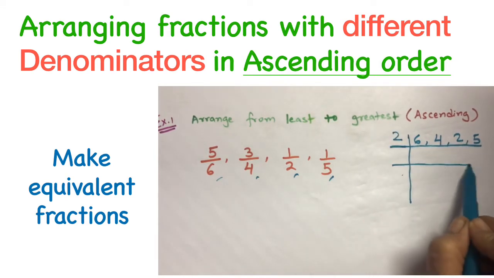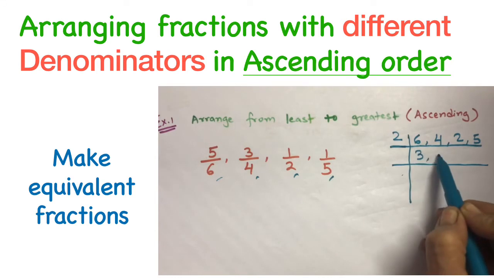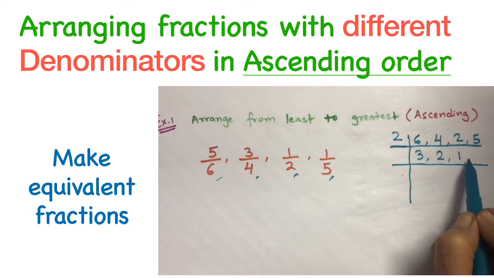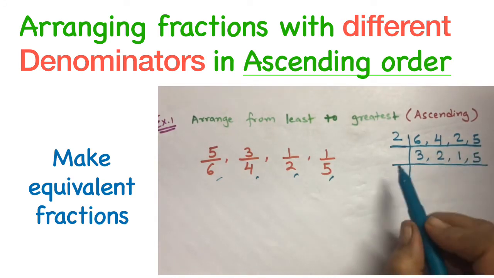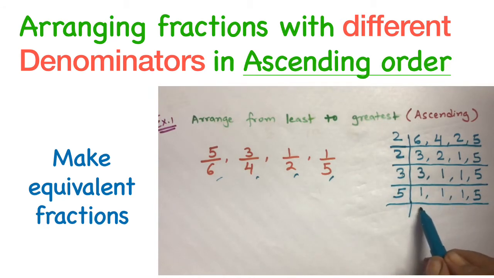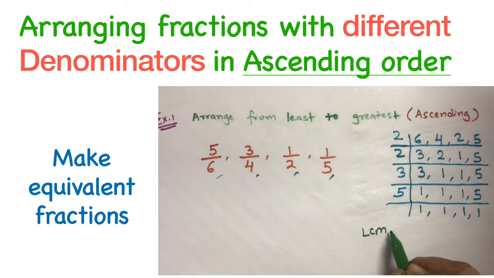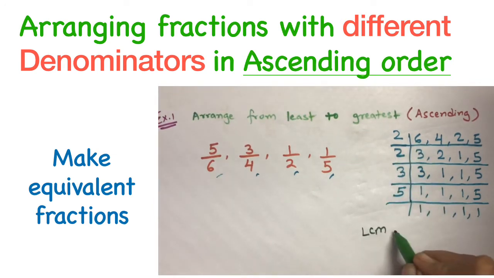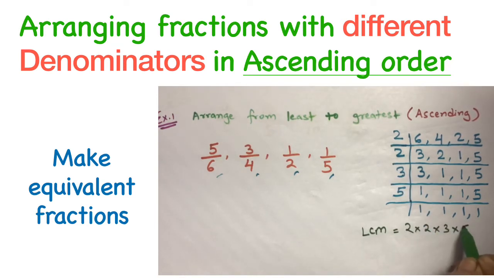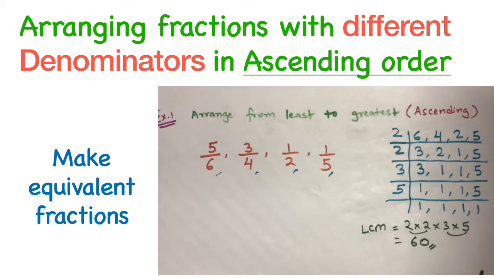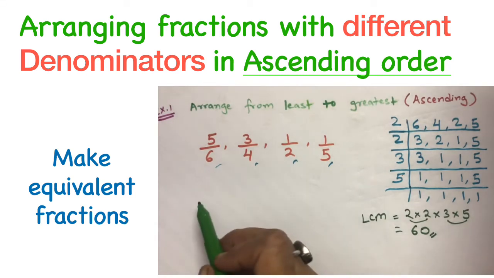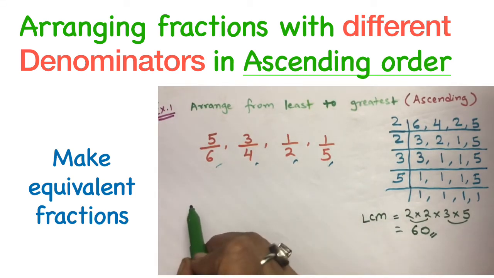I'll divide by 2. 2 3s are 6, 2 2s are 4, 2 1s are 2, 5 will be as it is. We multiply all the numbers and that gives LCM. 2 into 2 into 3 into 5. This is 4, this is 15. So it gives 60. This will be our denominator, which is common for all of them.